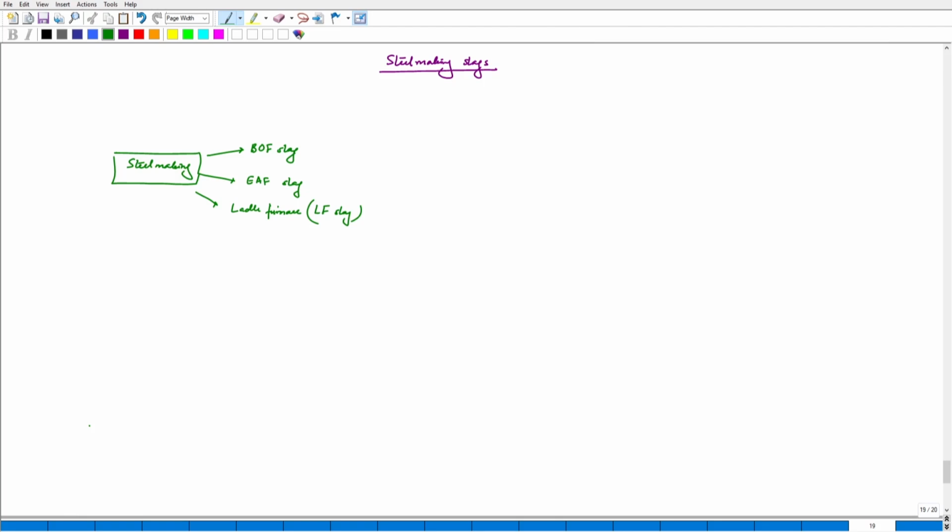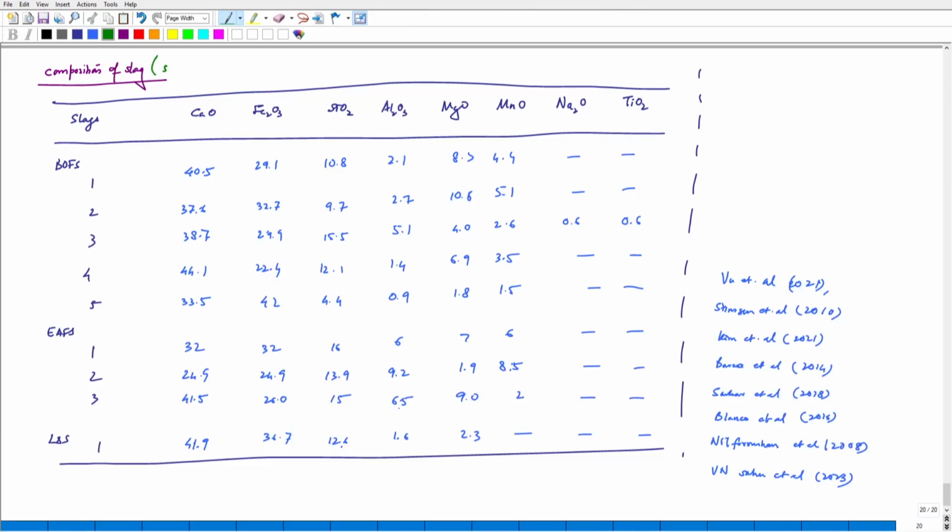Now the categories are based on the processes. Similarly, the composition also changes within these processes. So we'll look at the chemical compositions now. Composition of the steel making slag. So we have the categories mentioned here. We have the BOFS, we have the EAFS, and ladle furnace slags, LFS actually, it's not LDS, it's ladle furnace slag.